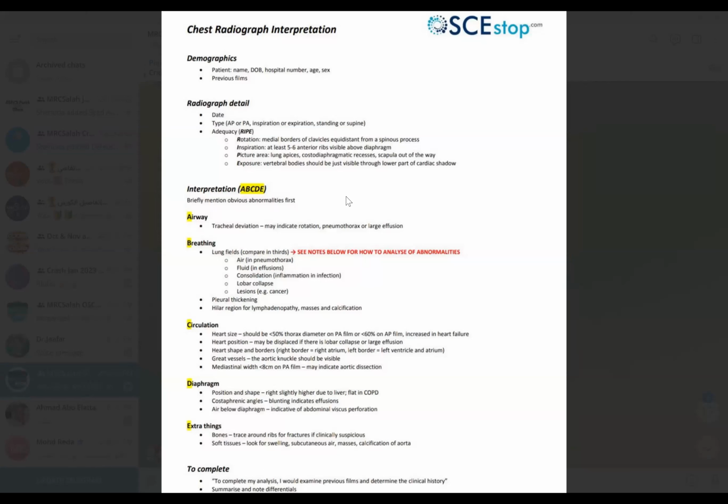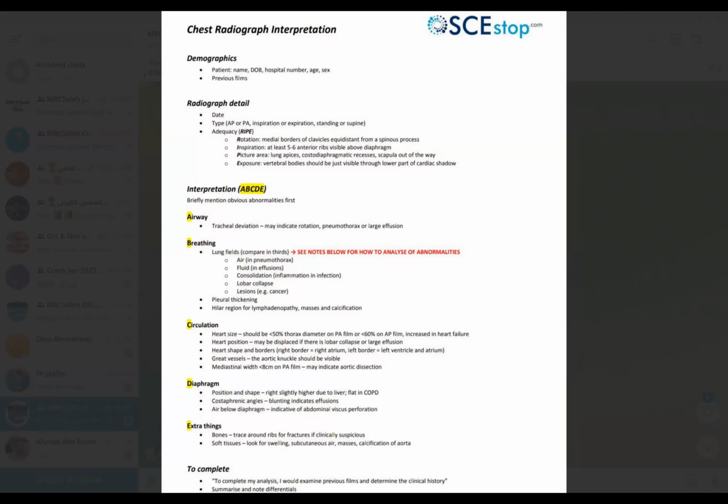This is how to read an X-ray: ABCDE after demographic and radiological details. The question can come in two ways. He will ask you how to read an X-ray, or give you an X-ray and ask you to read it. You will start with demographics, then radiological details, then interpretation by ABCDE. Airway, about accreditation or not, plus pneumo-hemothorax.